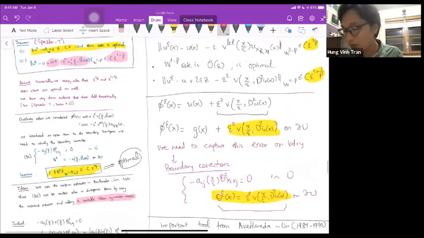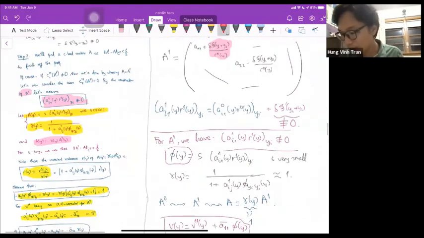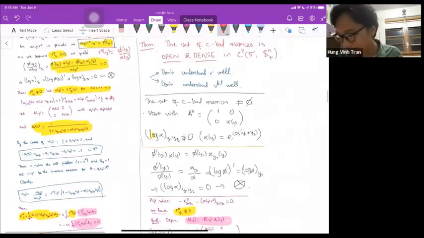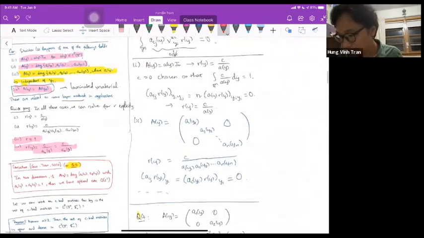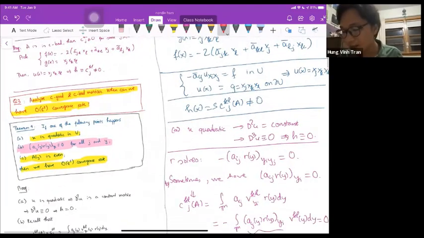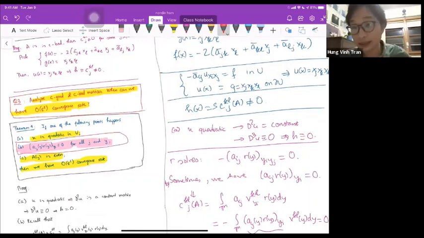And if I go back here, if you have a look, that BJ is exactly this term here, B here, right? So if BJ was 0, then we would have that it's a C-good matrix, right? But in general, it's not 0.